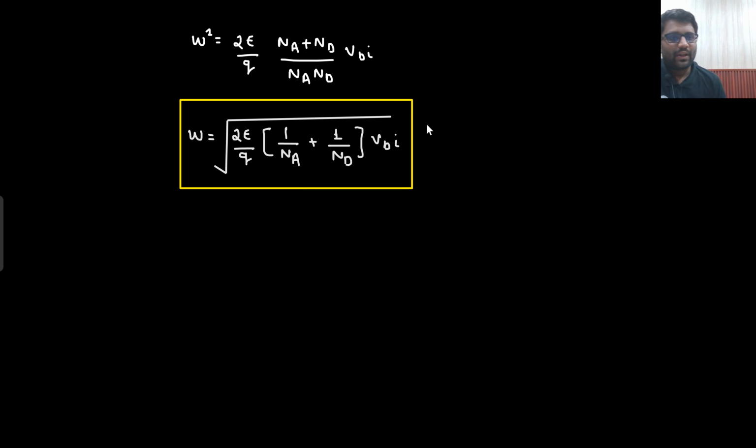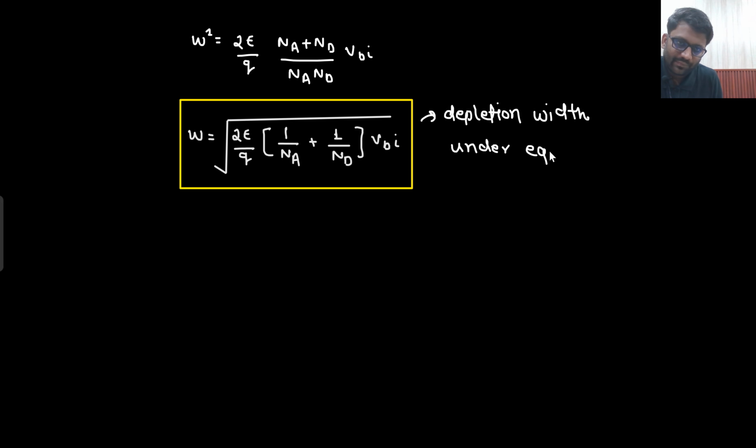We will use this formula again and again, so eventually you will be able to remember, but it is a very important formula. Well and good. So this is the depletion width under equilibrium.